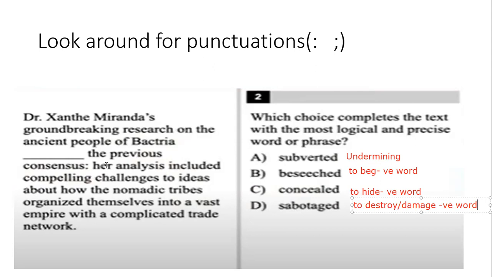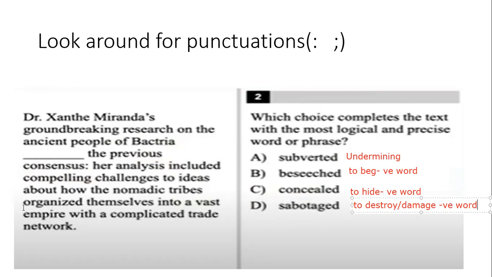Research on the ancient people of Bactria subverted the previous consensus, meaning they have undermined the earlier research, because her analysis included so many challenges. They thought everything was so flowery over there, but in reality they had so many issues, so many challenges. No, they had this complicated trade network and so on.